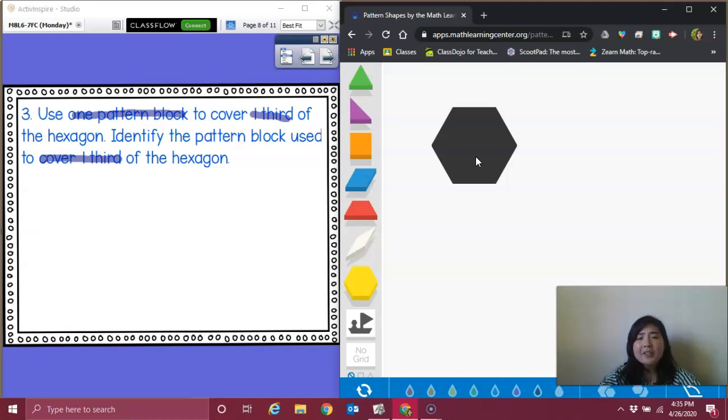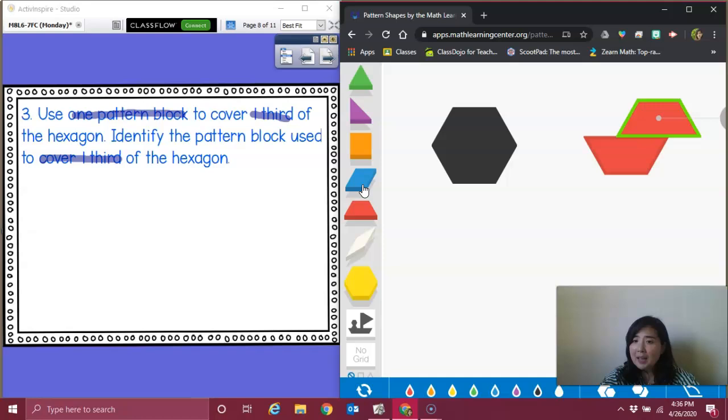Well, this is where it's going to get very tricky. Now, we just talked about how a trapezoid could fit inside of the hexagon. However, if I use a trapezoid, I could only fit in 2 equal parts. However, the question tells me that I need 3 equal parts.